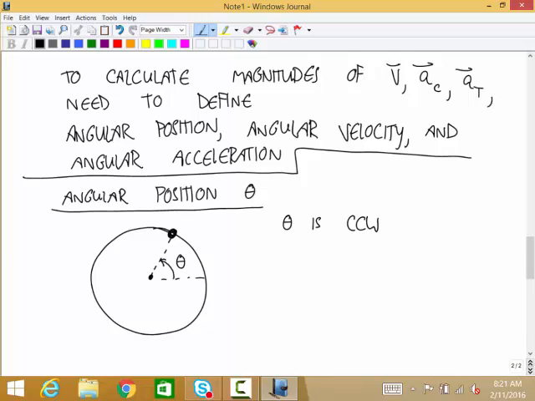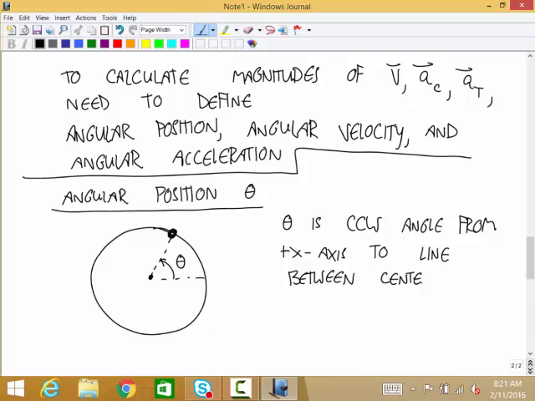So theta is the counterclockwise angle from the positive x-axis to the line between the center and the object.